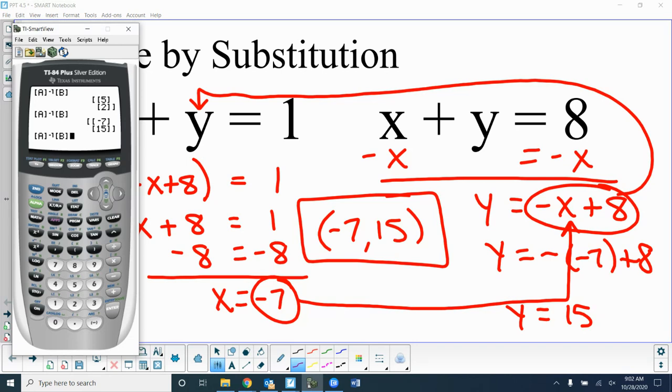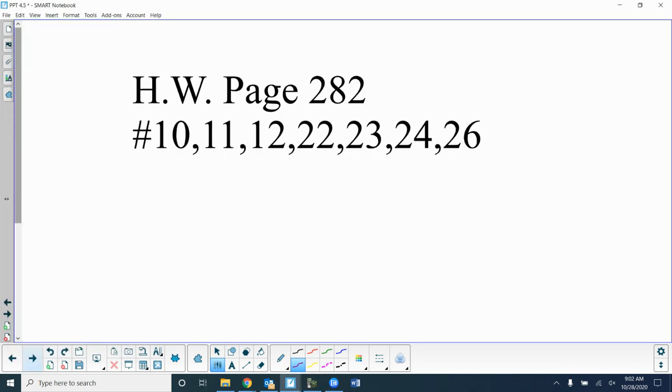Since we have some time, I want to do the first one with you, okay? So here's the assignment. Page 282. We'll go ahead and do number 10 together. Well, 10 and 11 and 12 are already set up for you.